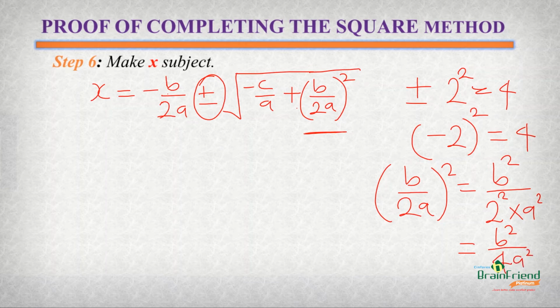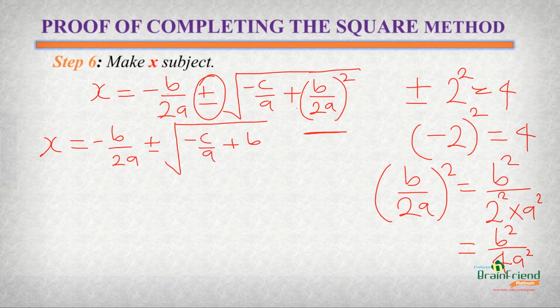So we now have x equal to minus b over 2a plus or minus square root of minus c over a plus b squared over 4a squared.